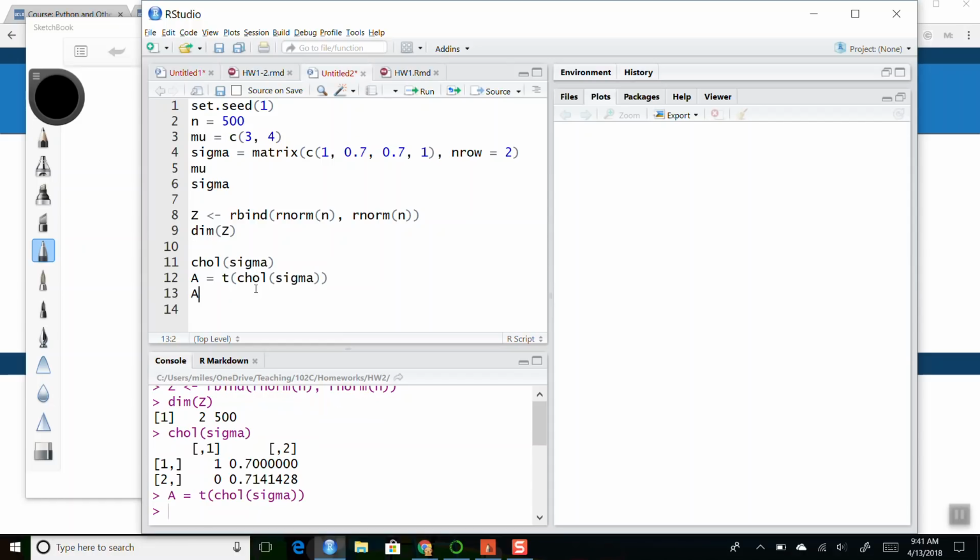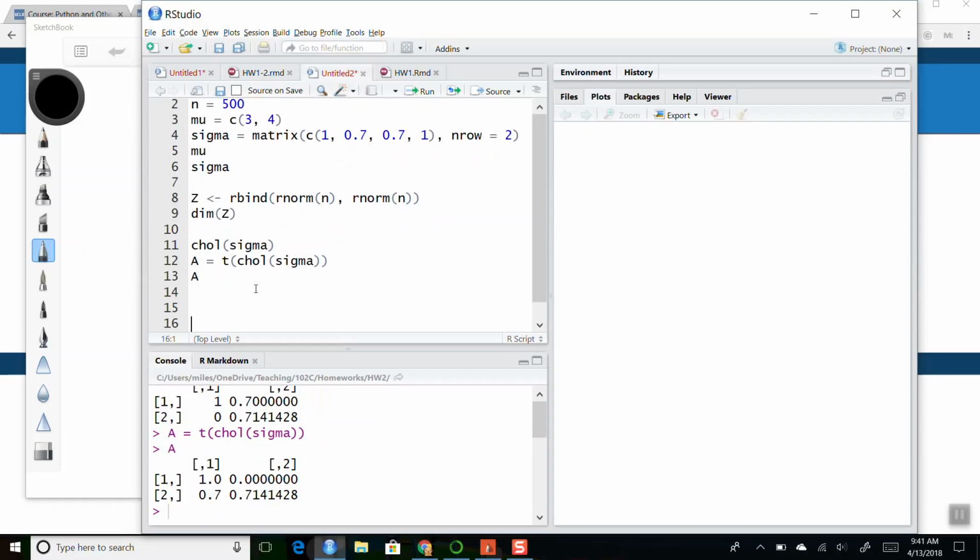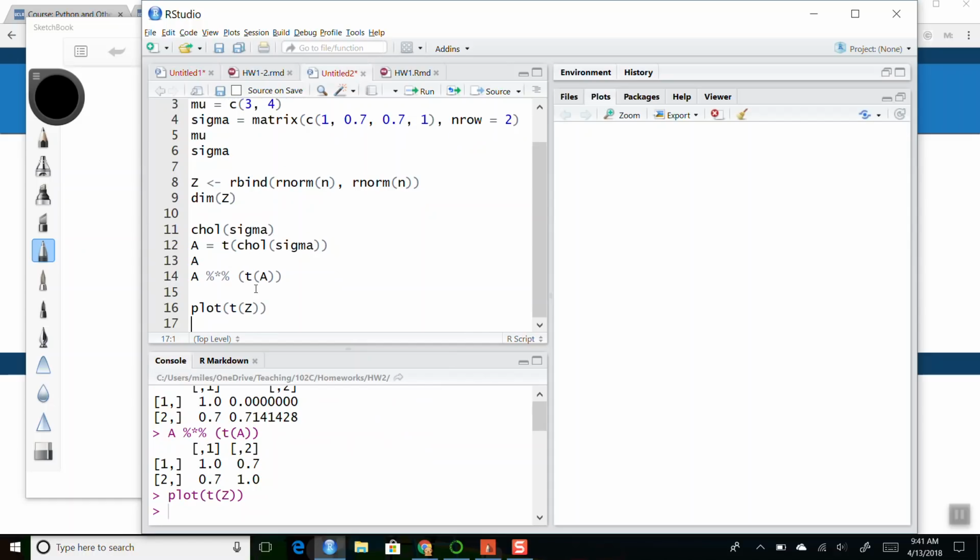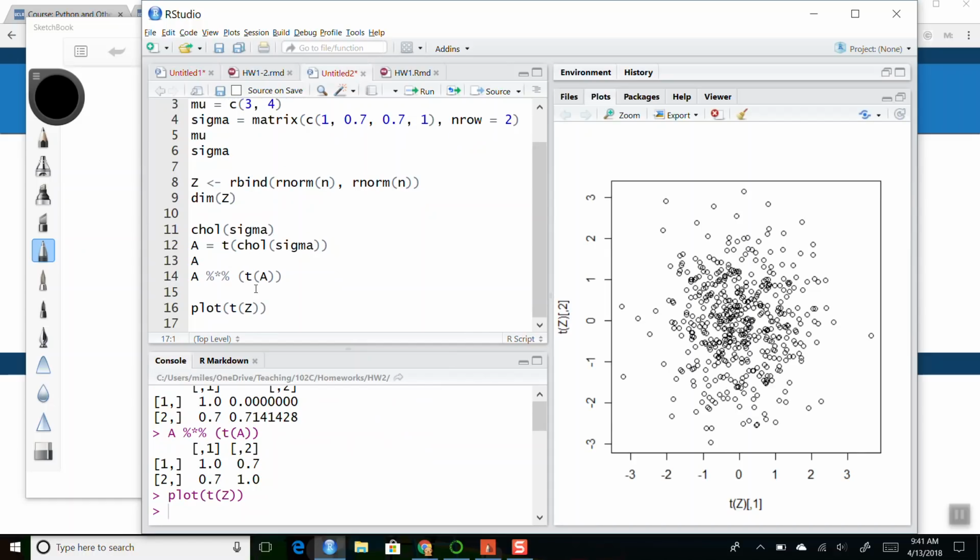Indeed, if I ask for what is A times A transpose, then I get back our sigma matrix. Let me just plot z for you right now. Okay, so this is standard independent normal here.